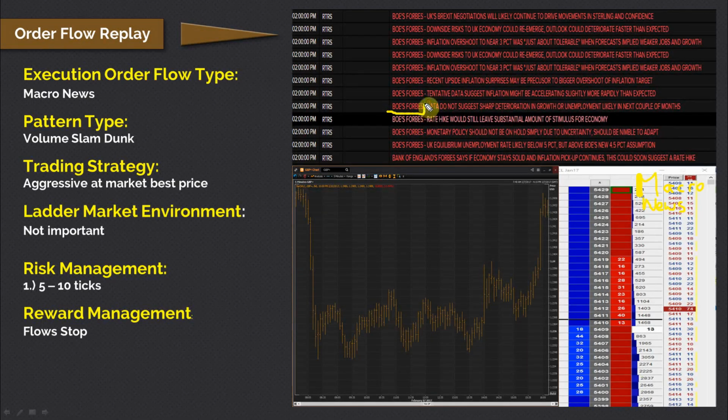So this is how it would come out on a Reuters news feed, and it's why our traders all have their own individual Reuters feeds, simply because when breaking news comes out, it's important that you are very quick in observing it and seeing whether it shifts the whole dynamic of how people reprice assets. And in this instance, what actually happened is that BOE's Forbes came out and said a rate hike would still leave a substantial amount of stimulus for the economy.